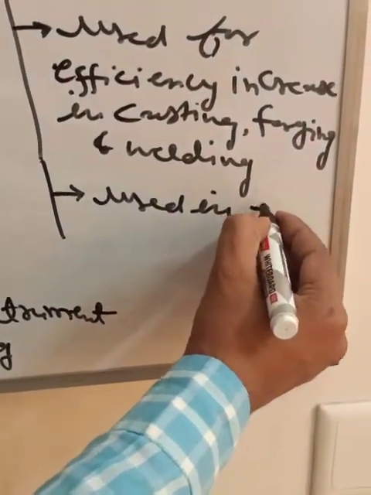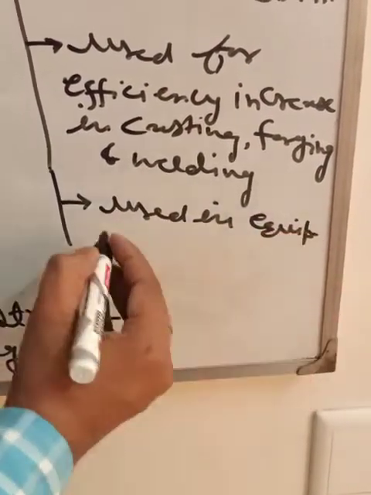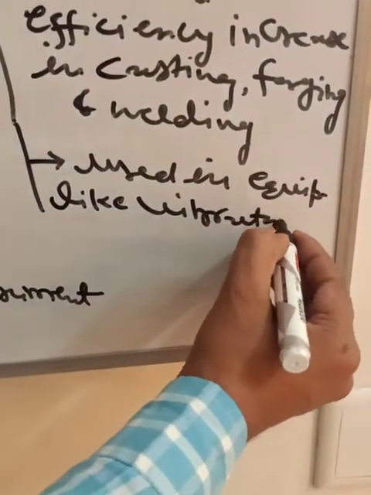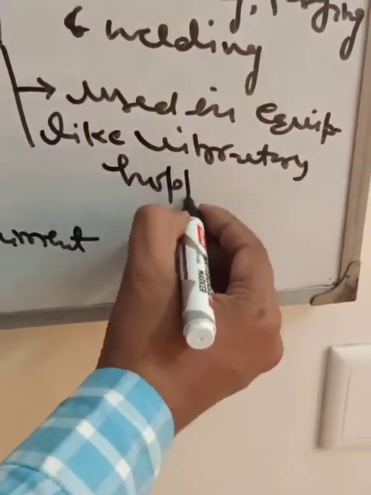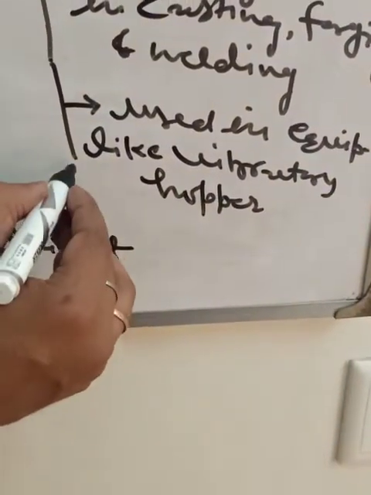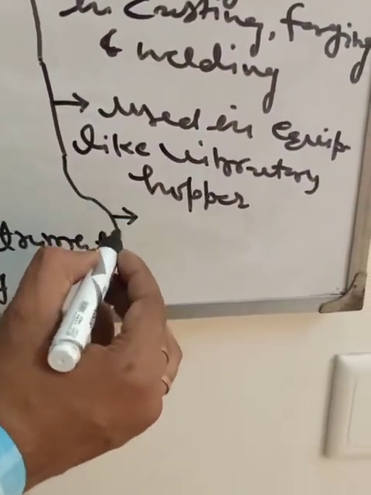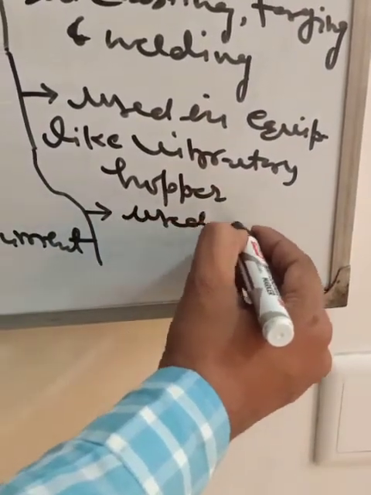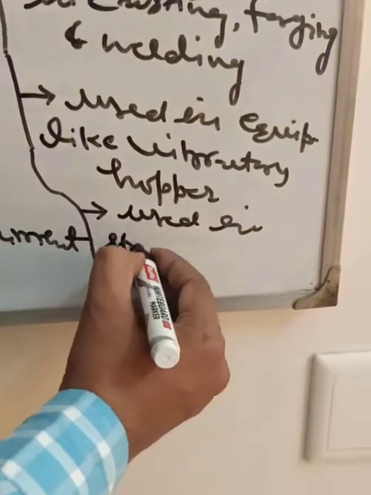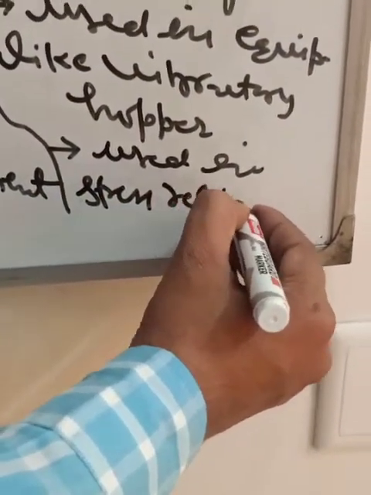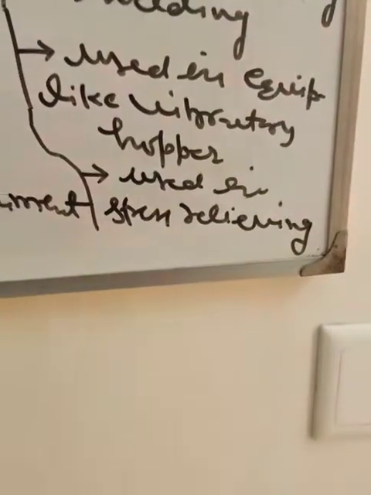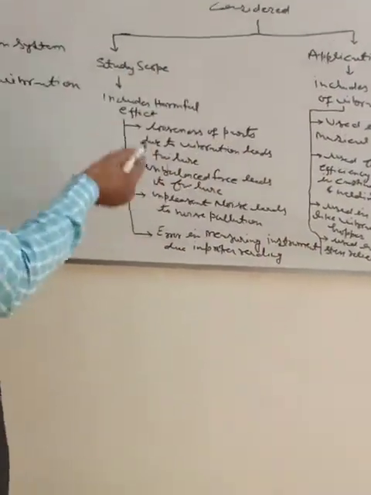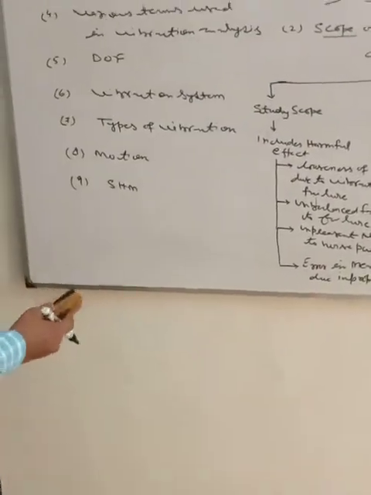Used in equipment like vibratory hopper, and next is used in stress relieving. These include the application scope and these include the harmful scope.